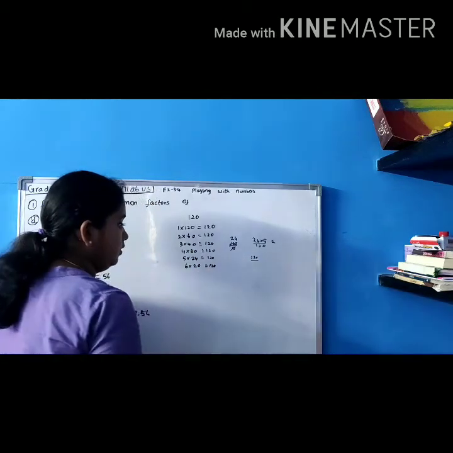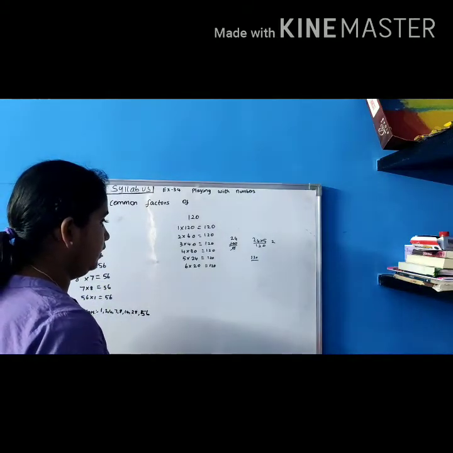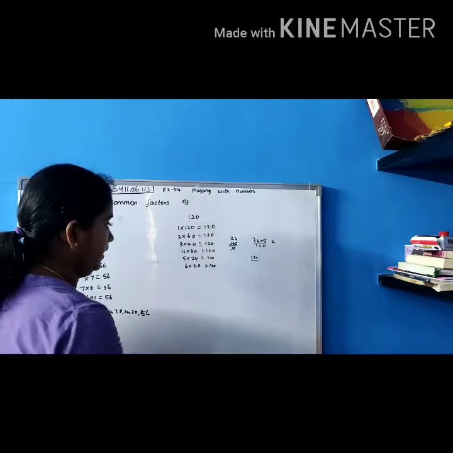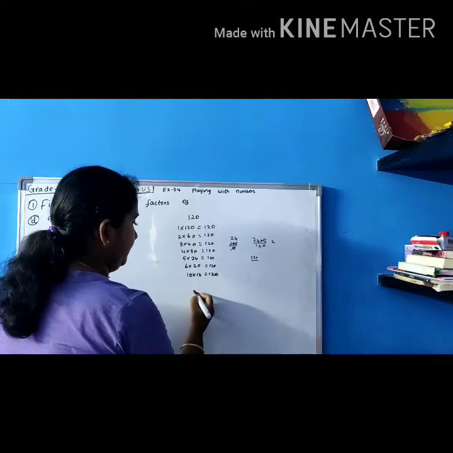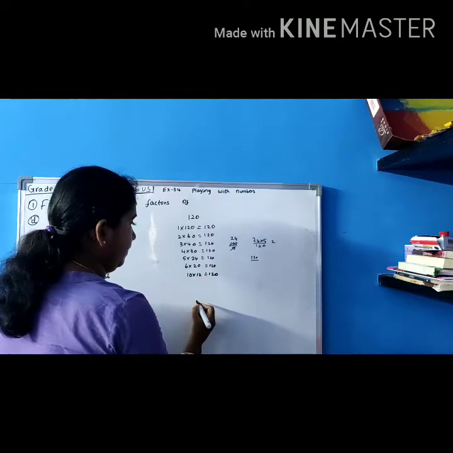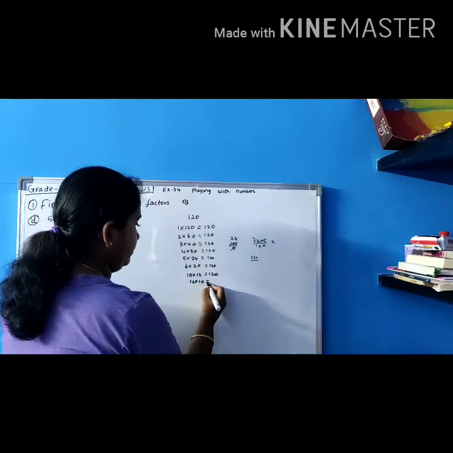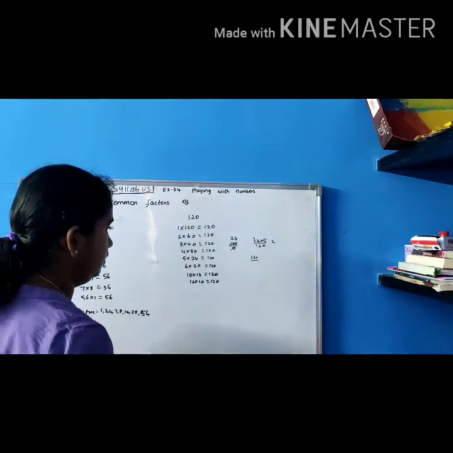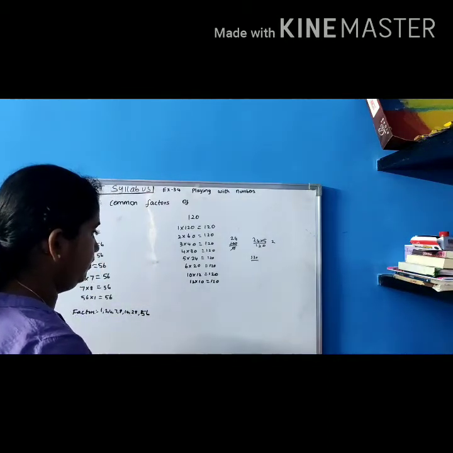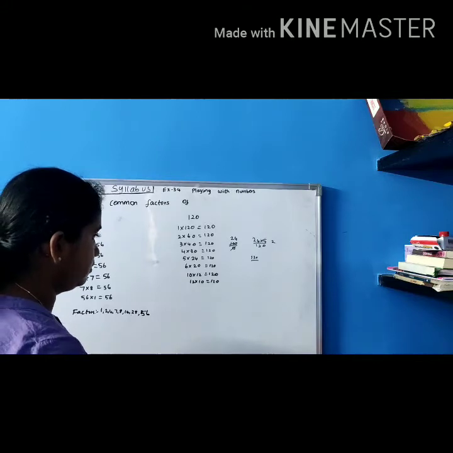7 will not go. Then will the 8 table go? No, the 8 table will not go. 9 table no. 10 table: 10 into 12 gives you 120. 11 table will not go. 12 table: 12 into 10 gives you 120. 13 table no. 14 table no. 15 table also no. 16 table no. So totally 120 has 15 factors.